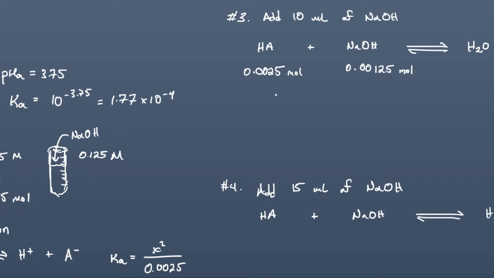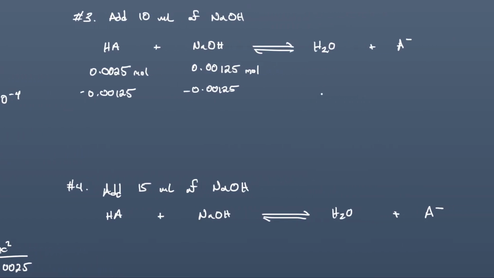Now I can subtract, this is the smaller number, 0.00125, 0.00125, like that. Again, we're not concerned with water in this case, and then we have 0, and we have plus 0.00125.